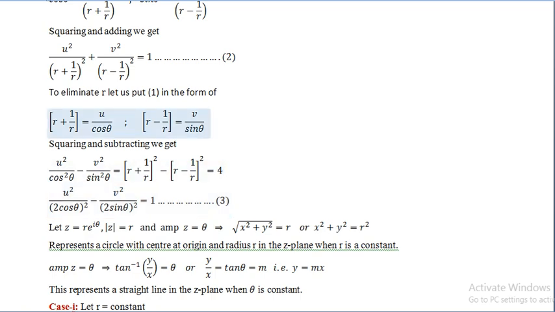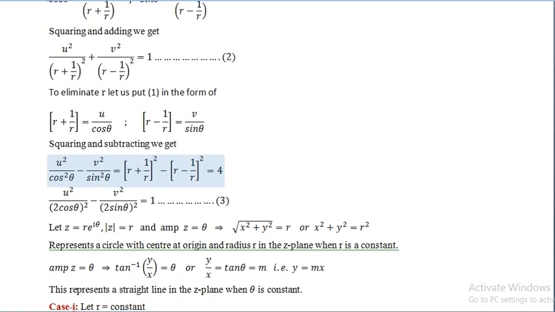Then we get u²/cos²θ - v²/sin²θ, which is equal to (r + 1/r)² - (r - 1/r)².